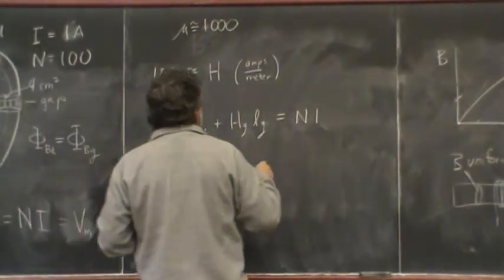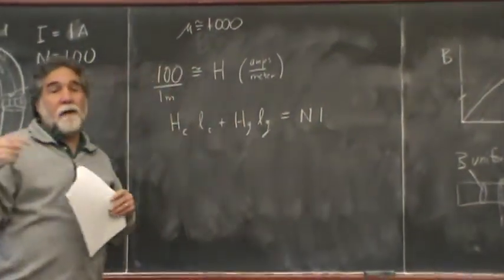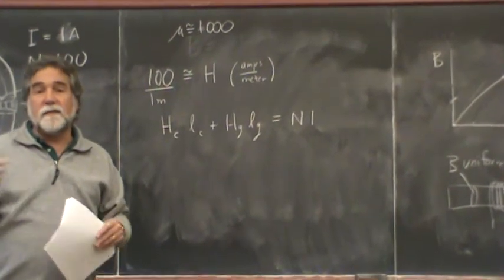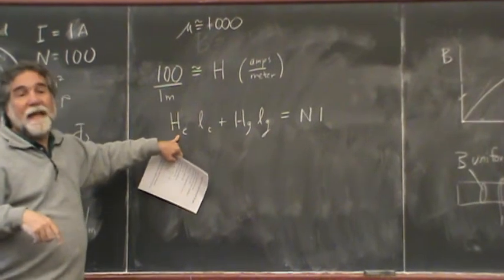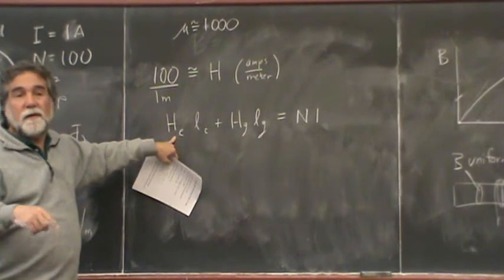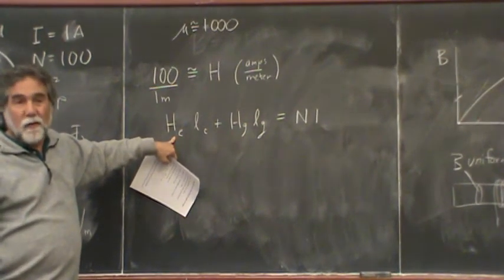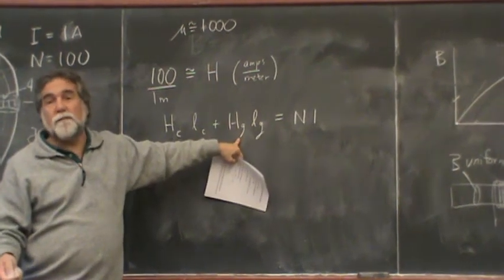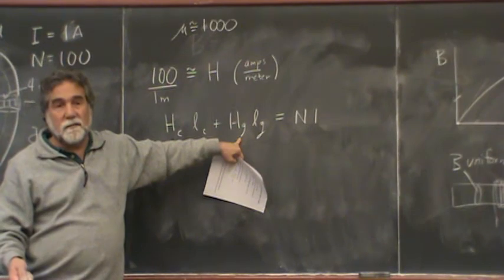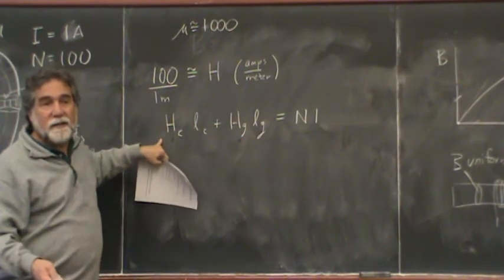So what I'm going to do though is recognize that from our approximation the magnetic flux is constant all the way around. But I still want to find out what H in the core is, because that's going to determine what B in the core is. So what I'm going to do is convert this part of the equation into flux and leave H here.